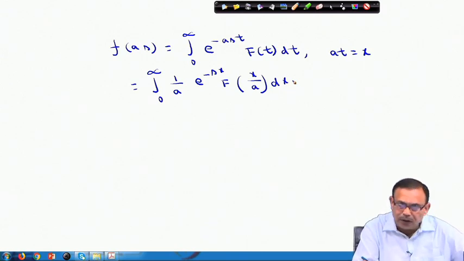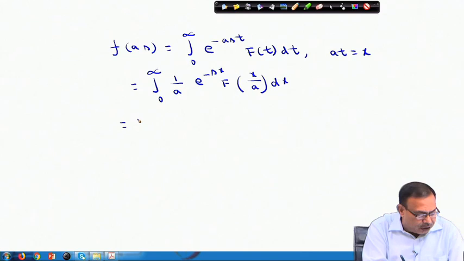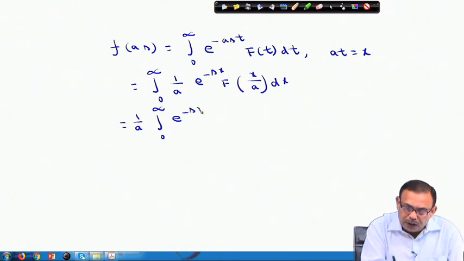Once I substitute at equals x, this integral equals 1 by a going outside, the integral from 0 to infinity of e^(-sx) f(x by a) dx.